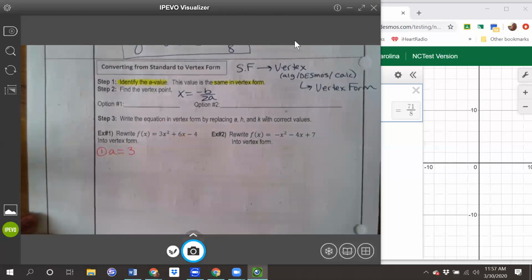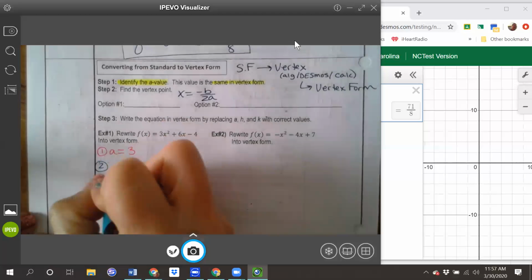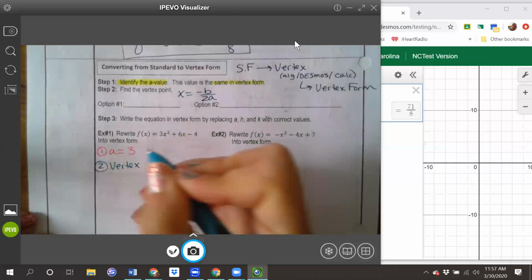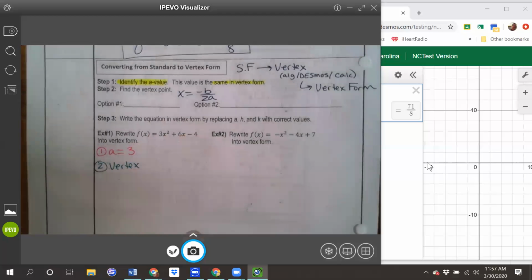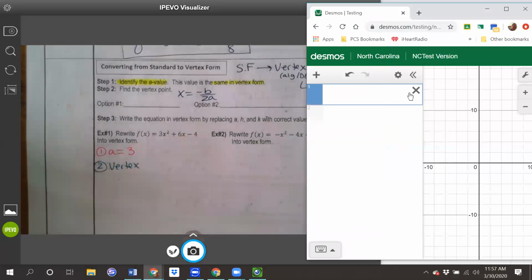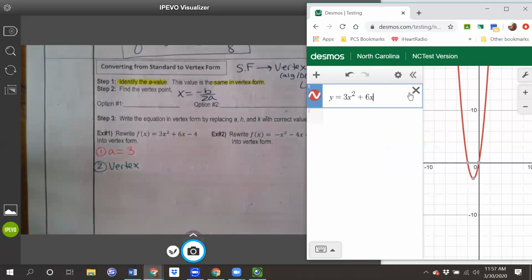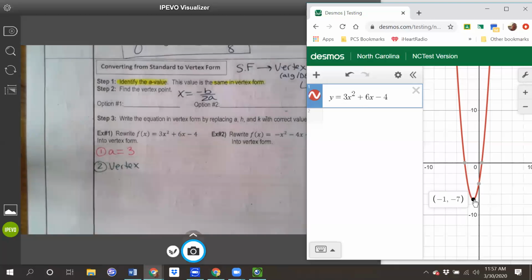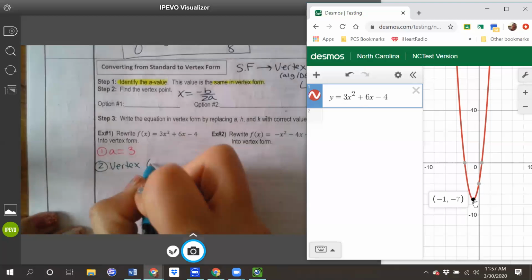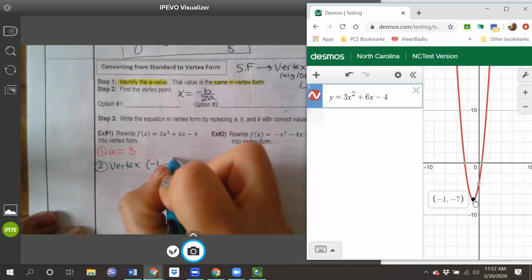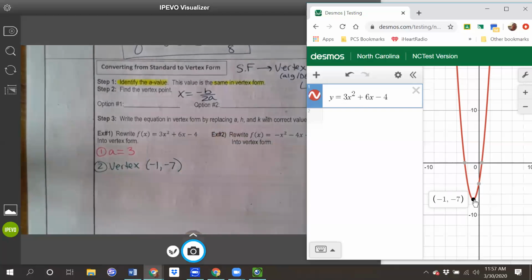Step number 2, I want to find the vertex of this thing. So I'm just going to hop right over here and do y equals 3x squared plus 6x minus 4. And I'm going to grab my vertex, which is located at -1, -7.